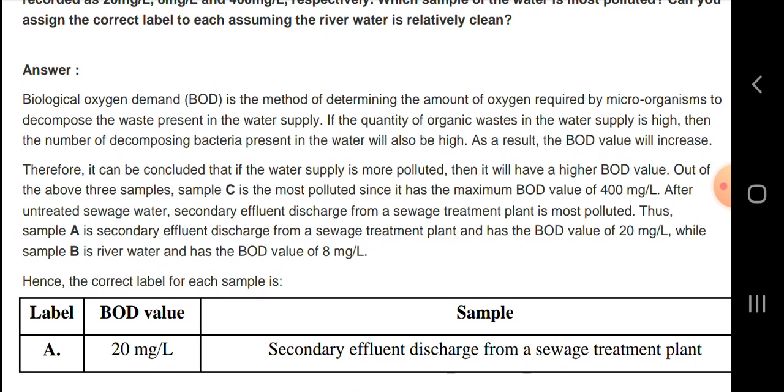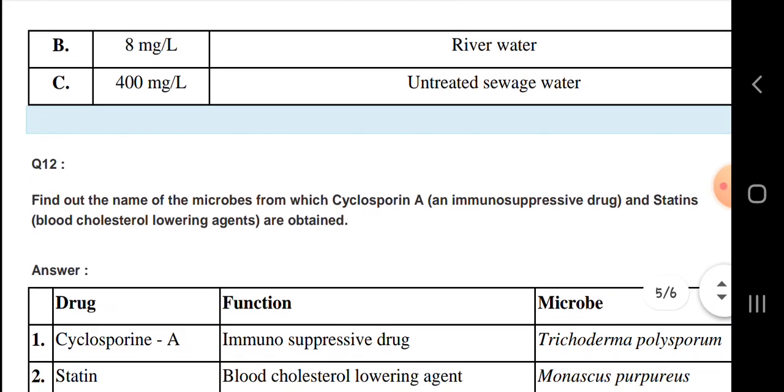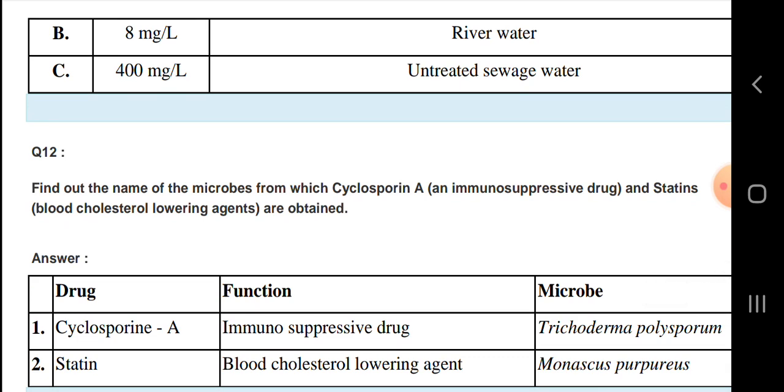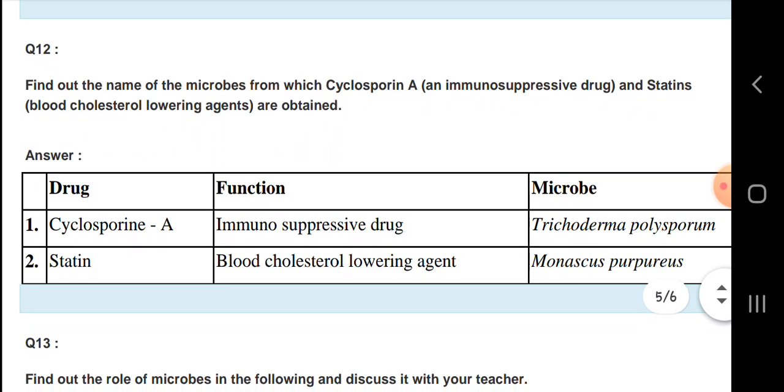The 20 milligram per liter sample A belongs to secondary effluent discharge from the sewage treatment plant, 8 is river water, and this 400 is untreated sewage water that is not cleaned.